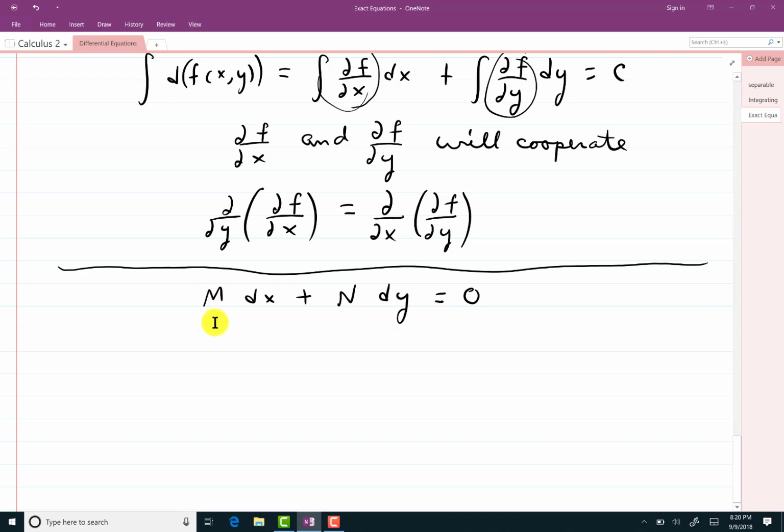There's no guarantee of that, unless when I take the derivative of M with respect to y, that's this part right here, and compare it with N with respect to x, they're equal. In other words, the second derivative, what they call a mixed derivative, partial of f with respect to x then y, partial of f with respect to y then x. If that's the same, then I can proceed backward because all the integrals are going to work out for me.